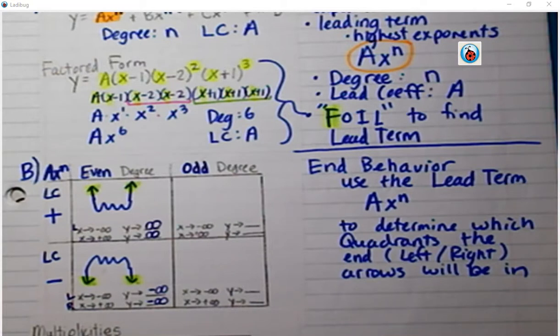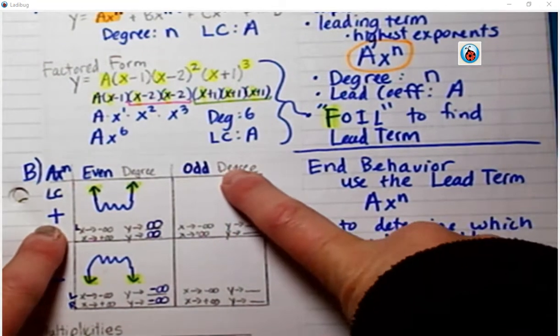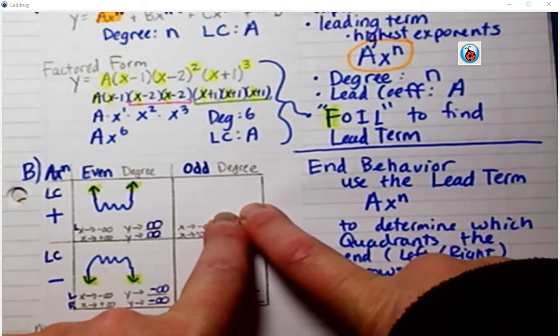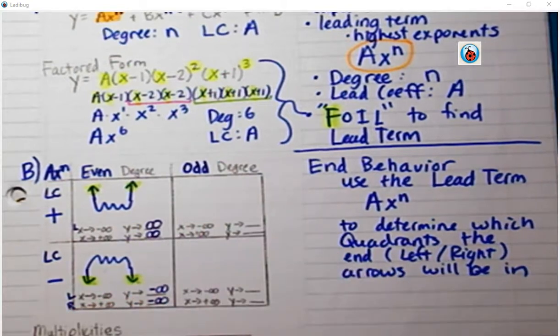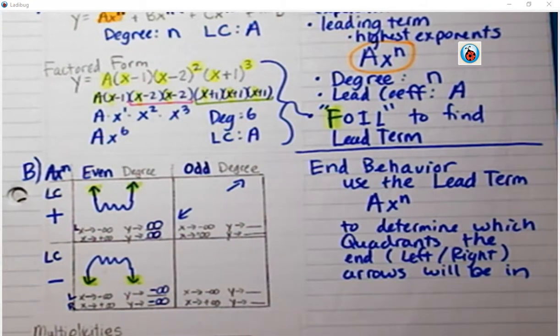Okay, so where are my arrows? Top right, bottom left. It looks like a straight line with a positive slope. If we have an odd degree and a positive, that looks like a line with a positive slope. Okay, so that means my arrow looks like a positive slope between those arrows because it's a line. It's a first degree because that's my smallest odd number. And it's positive, so it has to look like a positive slope between the two arrows.